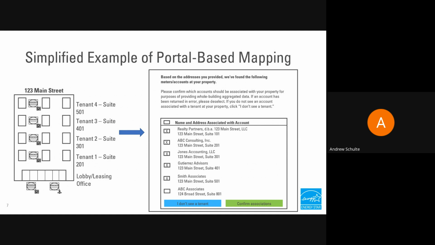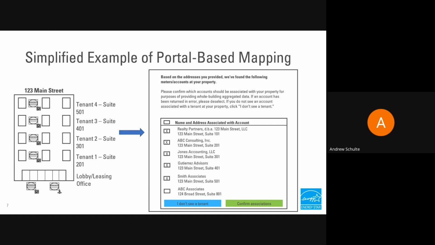The utility and their system queries are taking the first step in identifying essentially the pieces that make up the whole from an energy consumption perspective for this building, but it is still the responsibility of the data requester to actually review those initial findings and help the utility fine-tune that list.